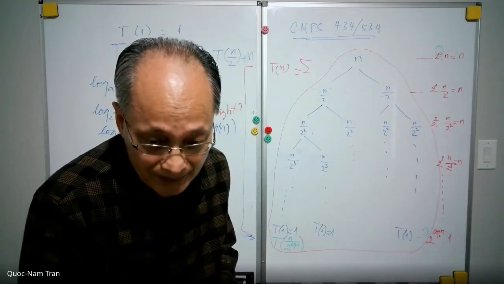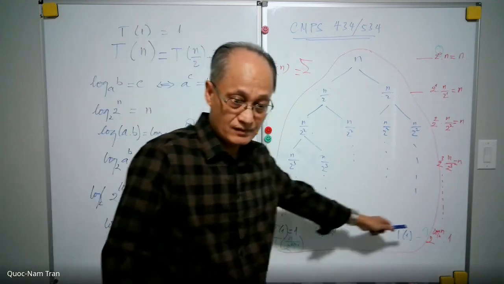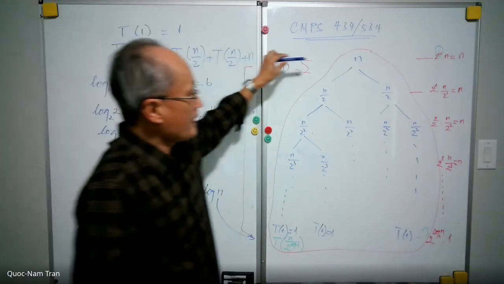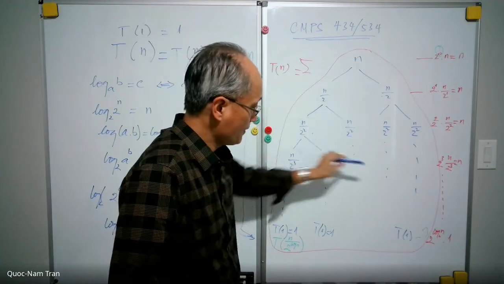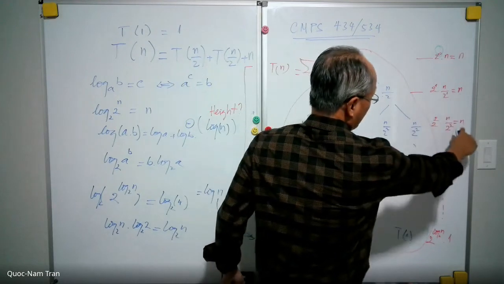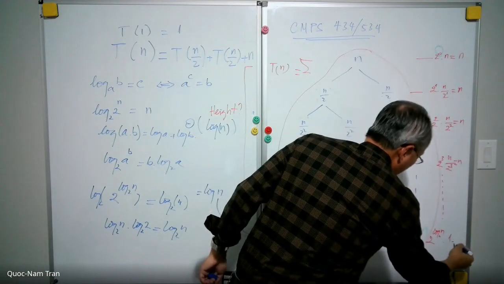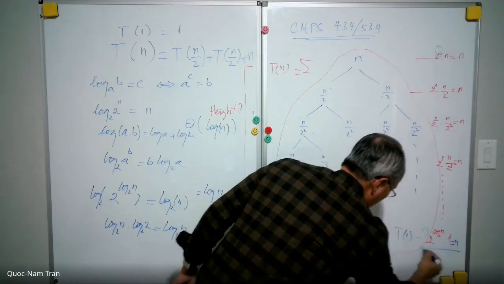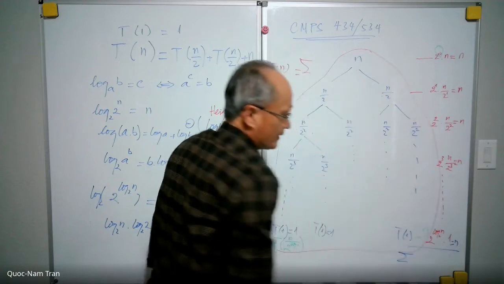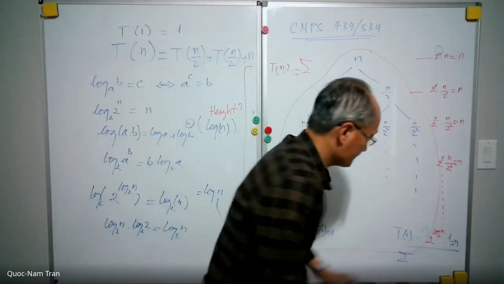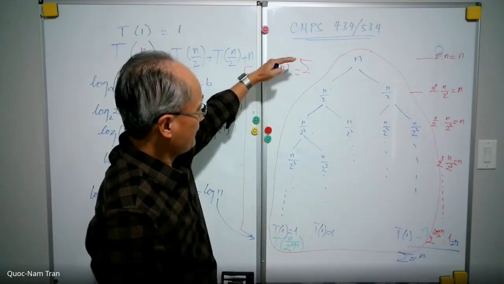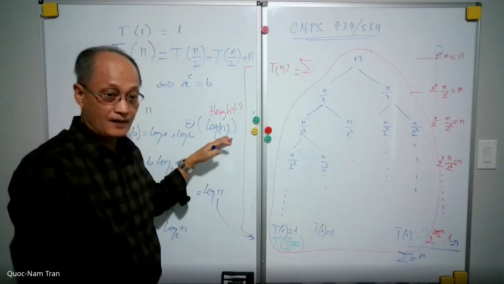And Jared Martin said n elements on the last row. Yeah, that's good. So now we add row by row, and all of the values we have are n. So the sum of all of the rows will be n times how many rows? Log n, right?